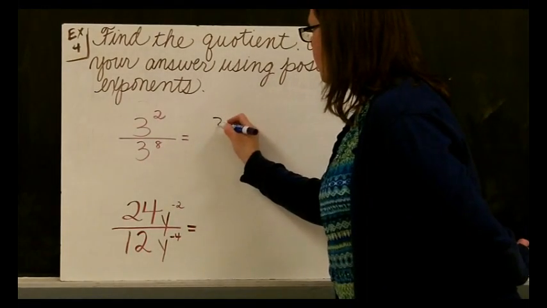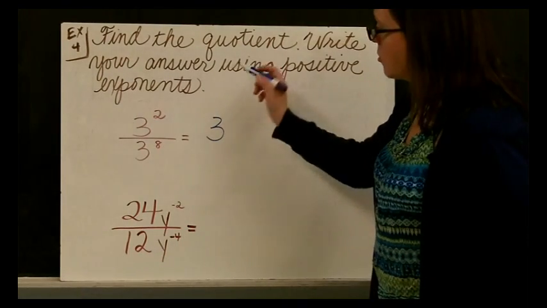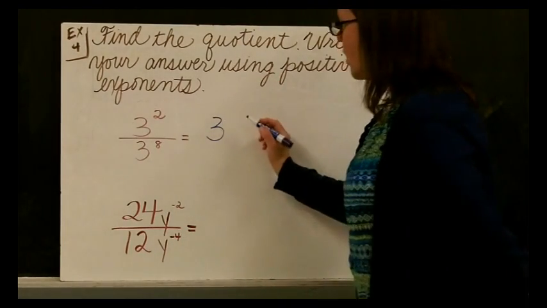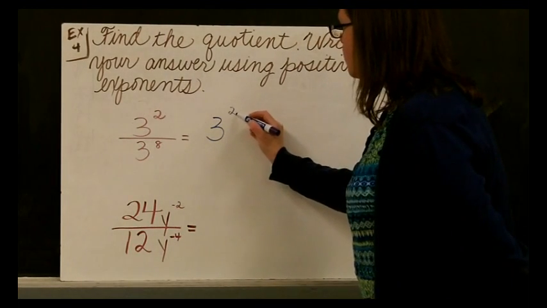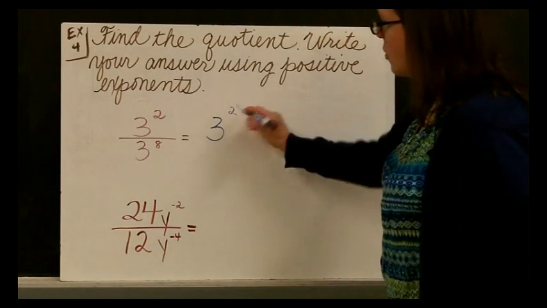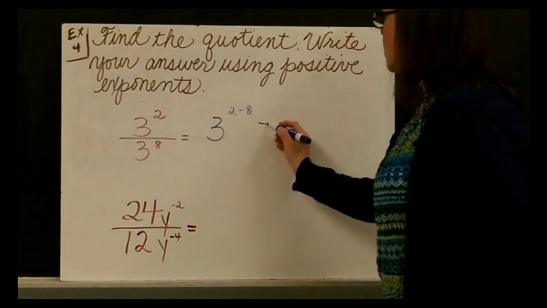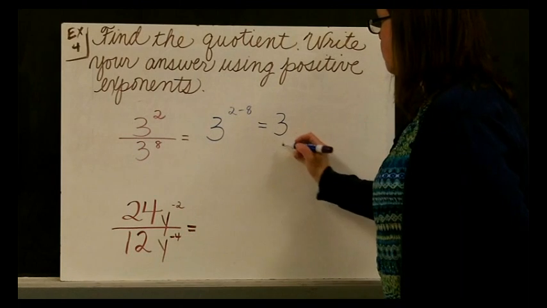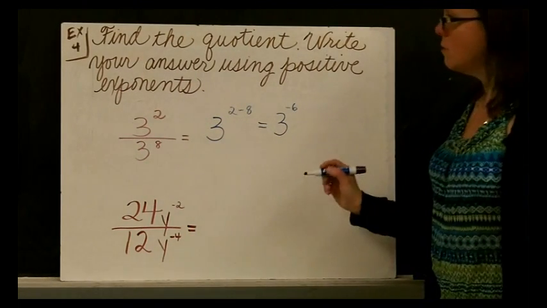The first thing we write is our base 3. And because we're dividing, we're subtracting the exponents. So this becomes 3 to the power of 2 minus 8, which we will simplify to be 3 to the negative 6th power.